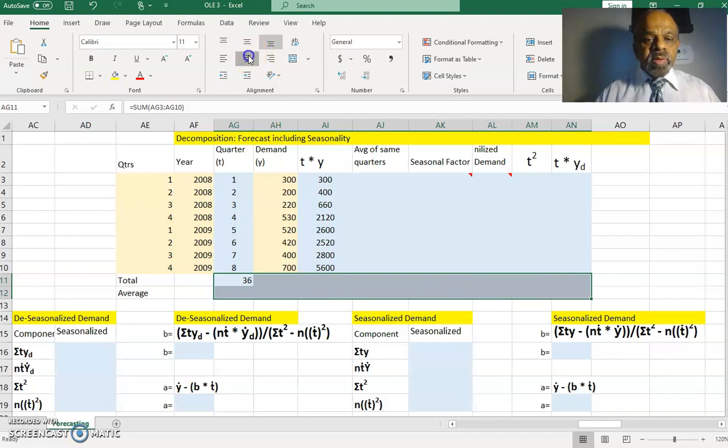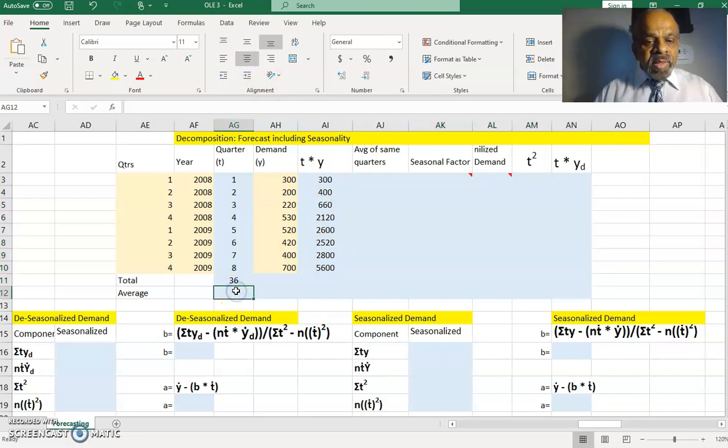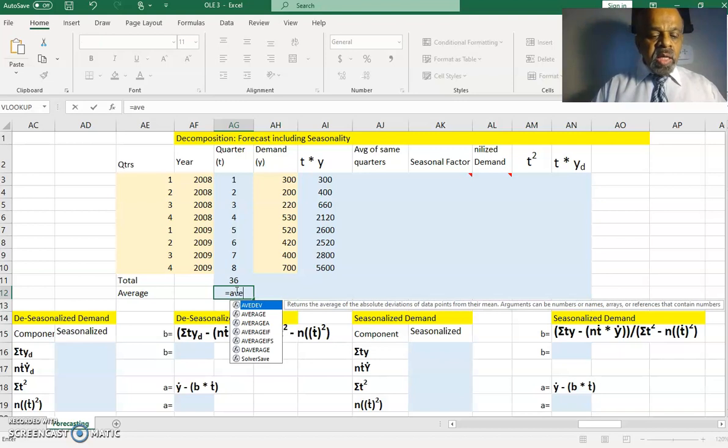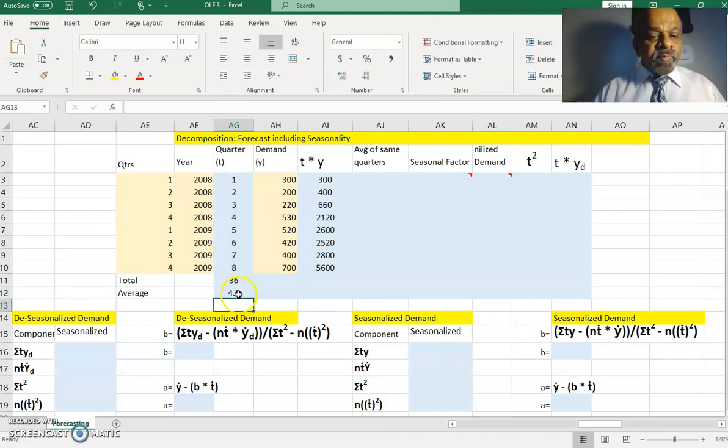Let me center this. The average is going to be the average of these 1 to 8. That is 4.5. That is the average of my quarter, the time.